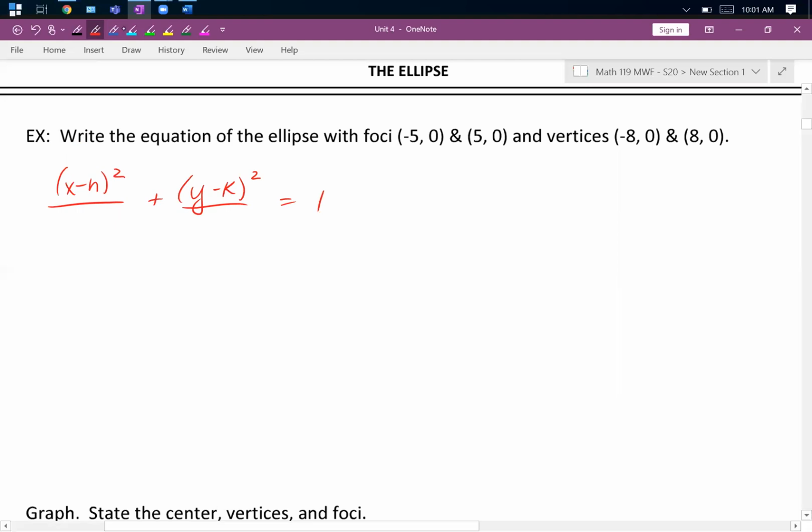Notice that your foci and vertices are x values. So that tells us that our major axis goes along horizontally. So that tells me that my big number, A, has to be under X and B has to be under Y. So the first thing we need to do is find the center so that we can plug in and start writing.